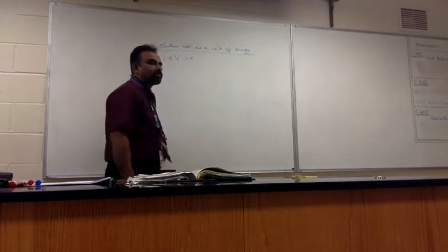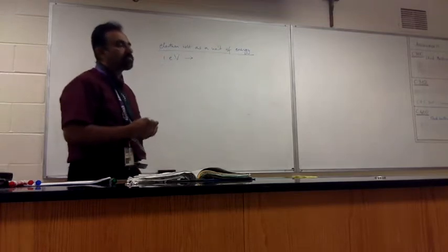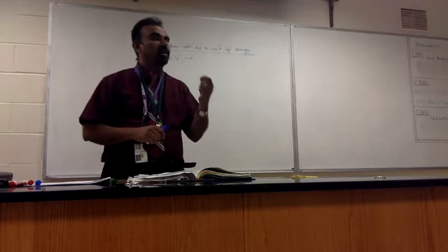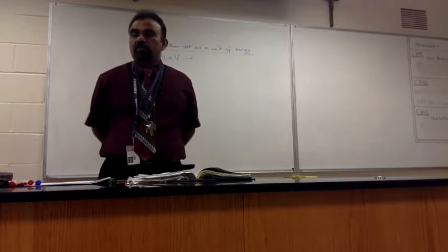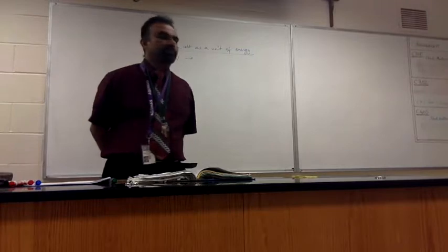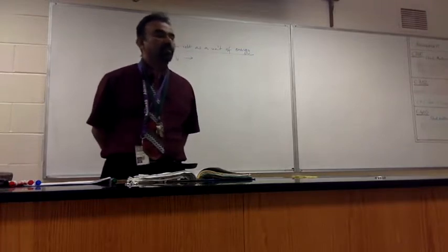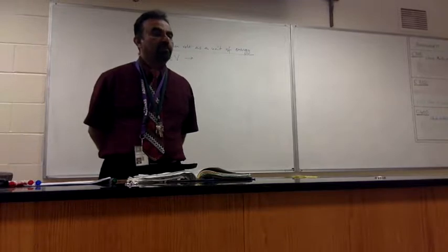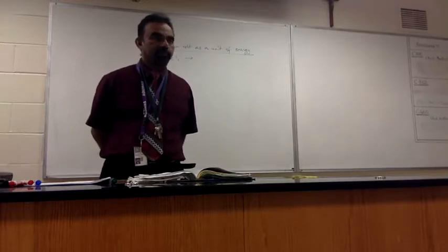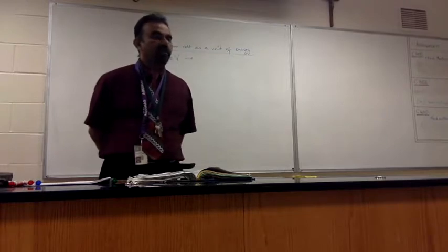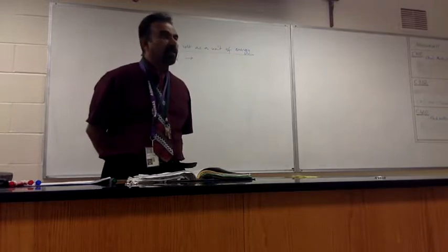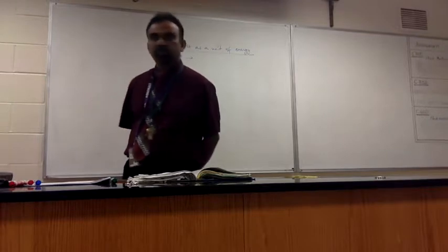You can write that definition down. 1 electron volt is defined as the amount of energy acquired by an electron when accelerated by a potential difference of 1 volt. You get it?